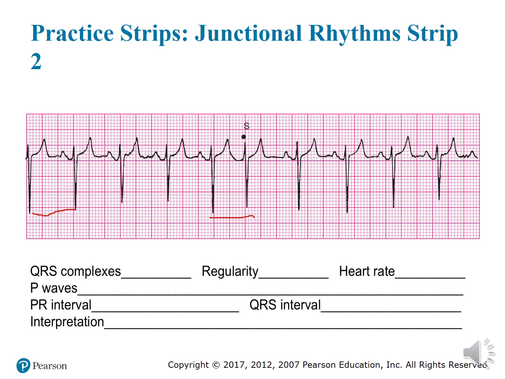So 4 times 0.04 would give us, no, can't be right. Sorry. Look at the beginning of P. I'm sorry, y'all. It is only 3. I counted one too many. 3 times 0.04 equals 0.12 seconds for our PR interval.